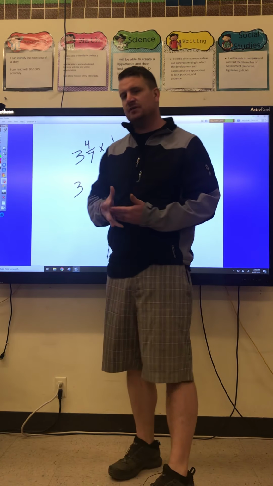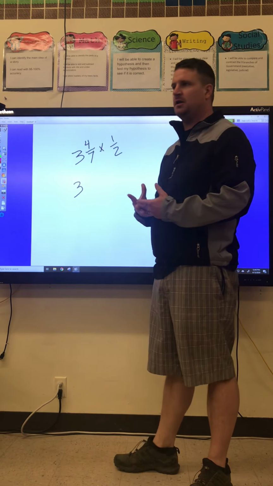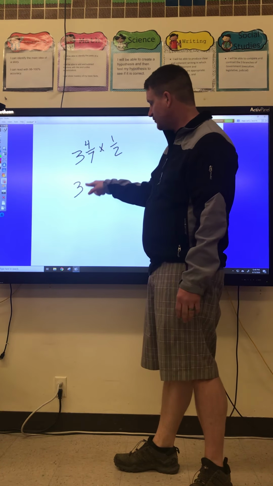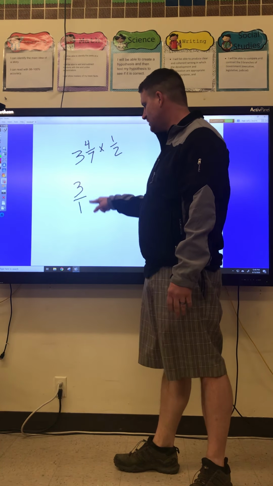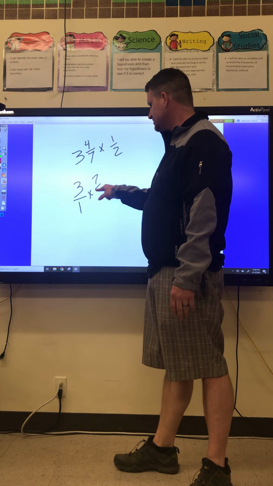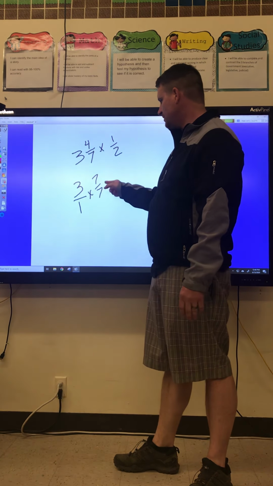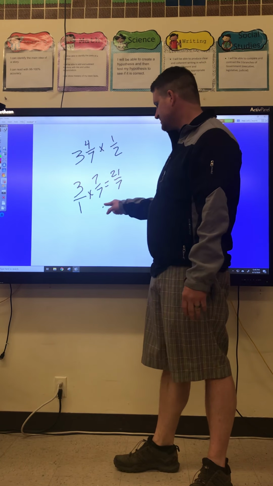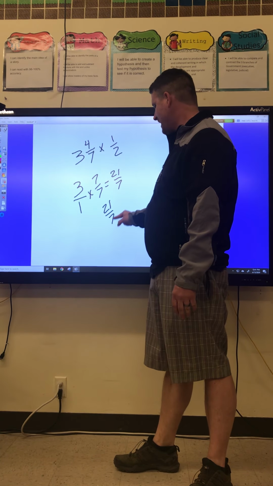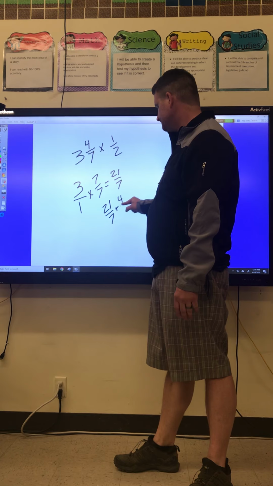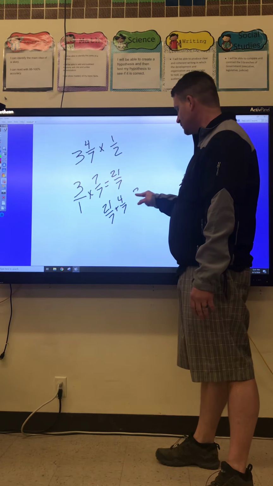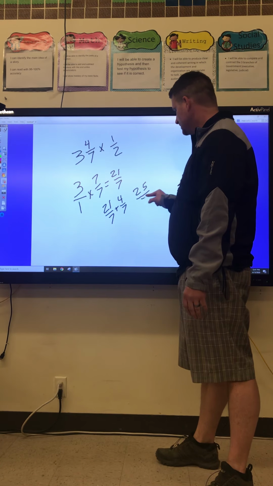How many 7s do we know are in 1? So we have 7 sevens, so we take the 3. I'm going to make it 3 over 1 times 7 over 7. We do that out, it's 21 sevens. Now we take our 21 sevens, we add it to 4 sevens, and we have 25 sevens.